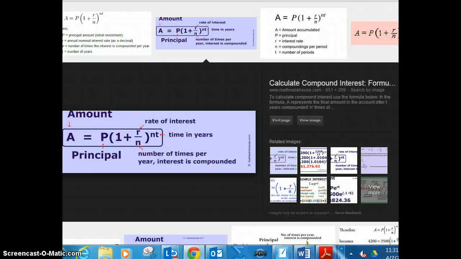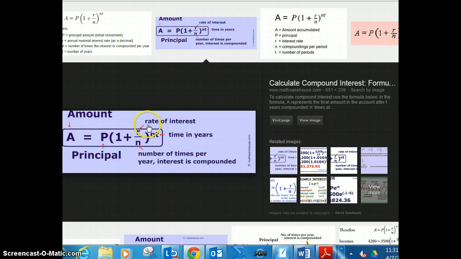Okay, here's a little graphic to help us fill in that information. Here we have our amount. We have our principal. This is our beginning amount. And the A is going to be our ending amount. What is the result? We have our rate of interest.